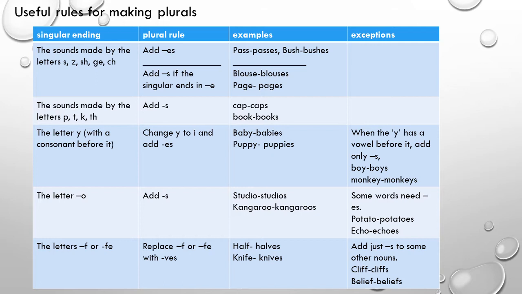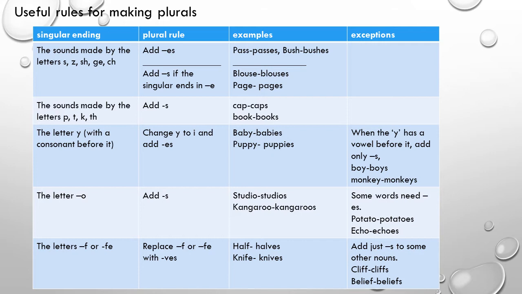And then comes the next rule, when the letters F or FE are there in the singulars, we say the singular endings with these letters, then we will replace F or FE with VES. Like half into halves, HALF, F is changed into VES.